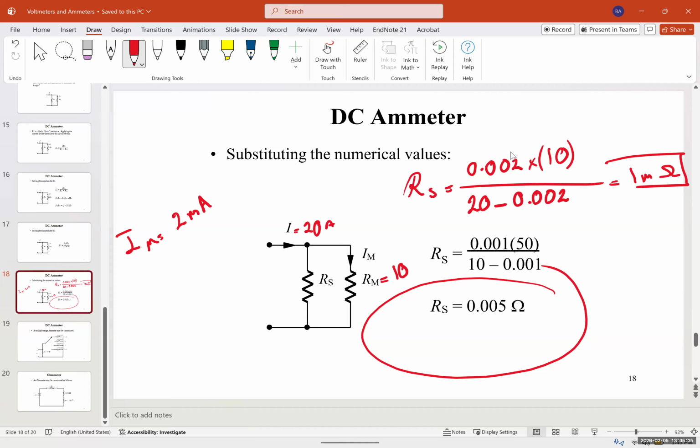Now, question. If I want to measure a higher current, do I have to decrease the resistance or increase it? That would decrease. Perfect. So for the 10 amp one, I needed a 5 milliohm resistor.